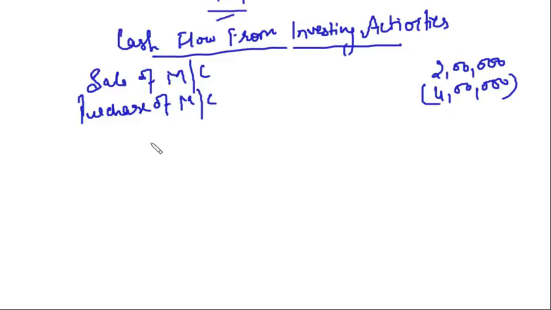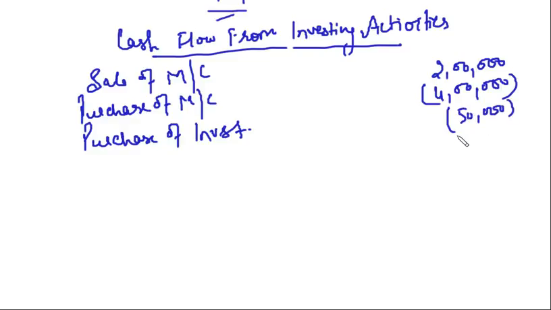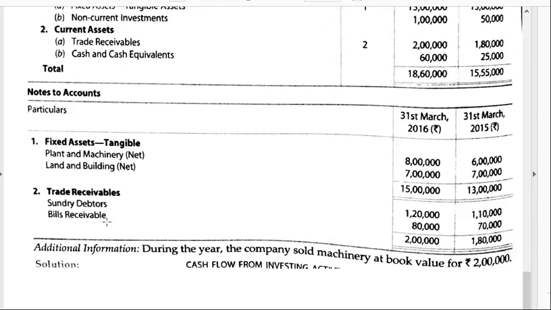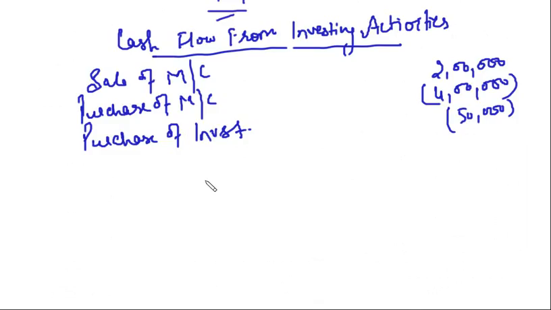Non-current investment means the long-term investments. Right? So we can say purchase of investments, that is 50,000 cash outflow. Anything else? Current assets not to be taken, fixed assets dealt with, trade receivables, operating activities. So that's all we have for investing activity.